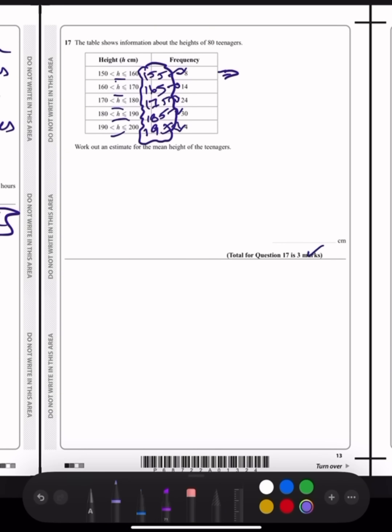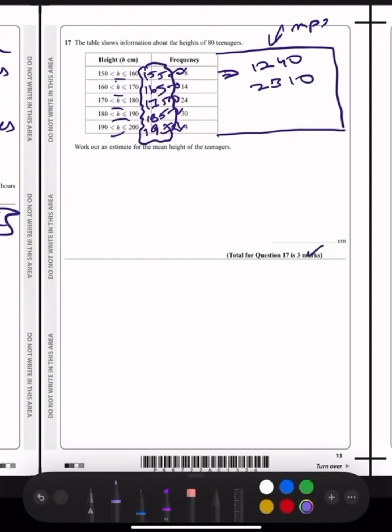So now what we do is, we do 155 times 8, which gives us 1240. Then we get 2310. You can also make another table, and then mention this one as midpoint times frequency, right?